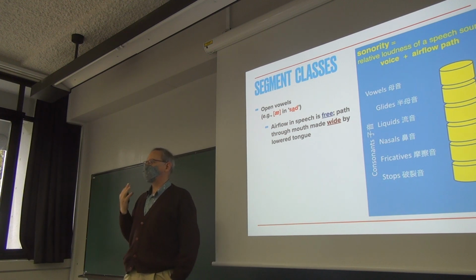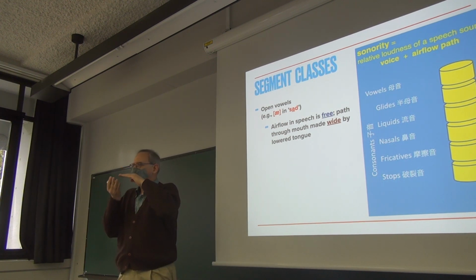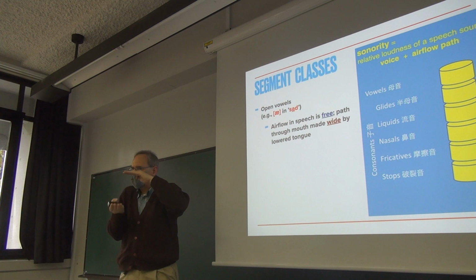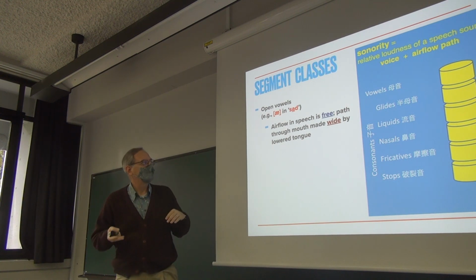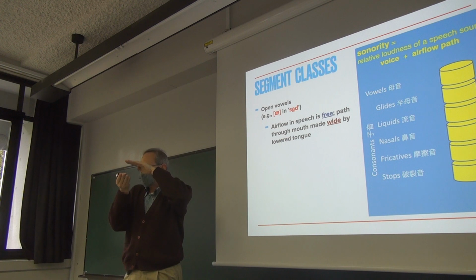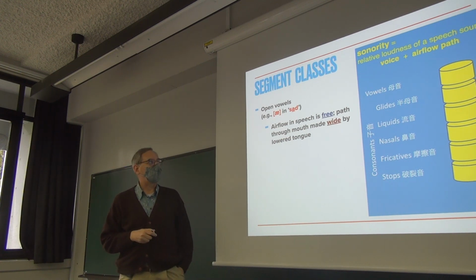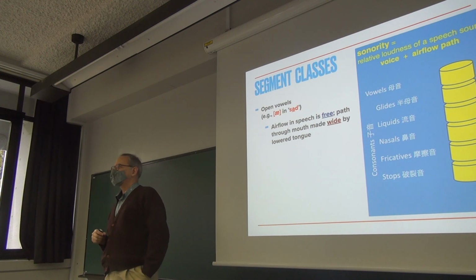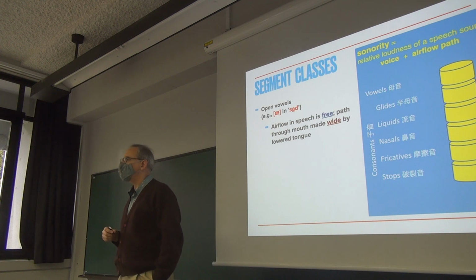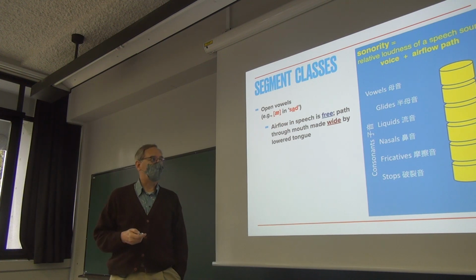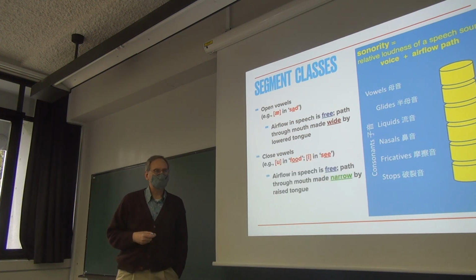And the path through the mouth is wide because the tongue is lowered or in a kind of rest position. Importantly, the tongue is not raised. That's the key point. The tongue is either in a rest position or lowered to create a wide airflow path. So sounds like ah and aw are all open vowels.